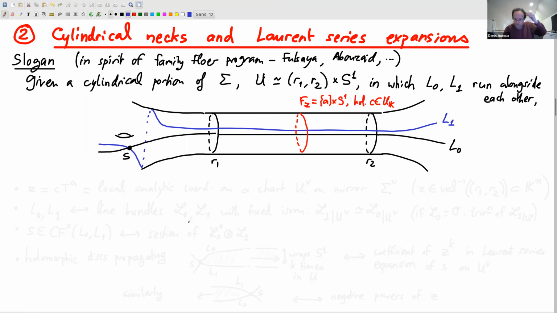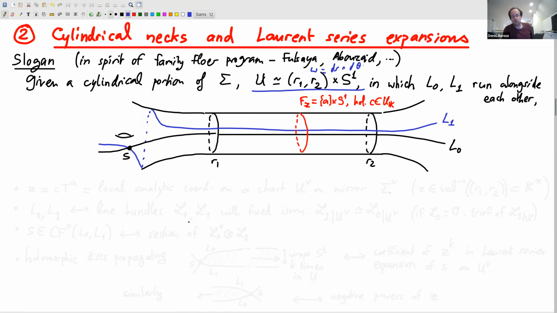And so the slogan I want to give for our case today is this. If I have a Riemann surface and it has a cylindrical portion, let's call that U, which I will identify by some choice of coordinates, area preserving, so that omega looks like dr d theta, just a model portion of cylinder.